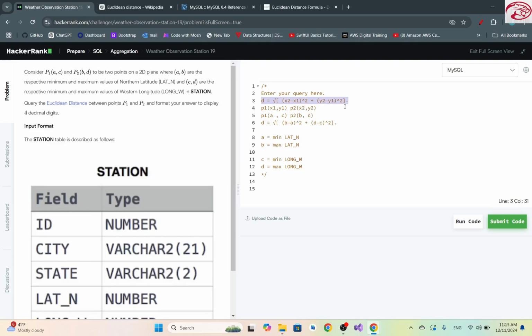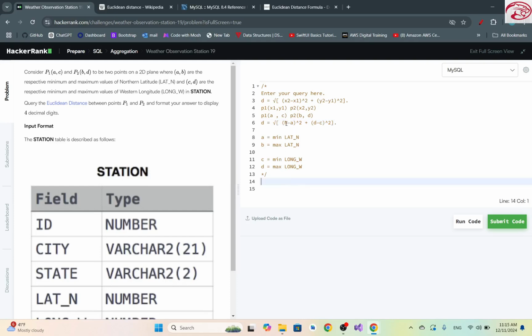So if we have the formula for our points, we will get a square of B minus A plus a square of D minus C, and we take the square root of everything. So let's write this formula in our SQL.